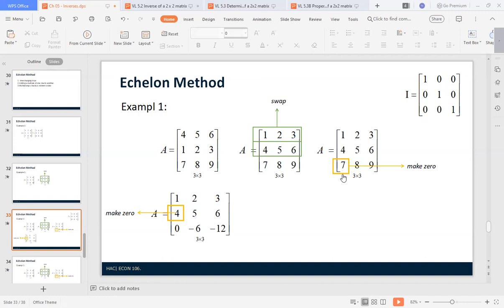So we have a scalar -7, and we multiply it to the first row. So we have -7.